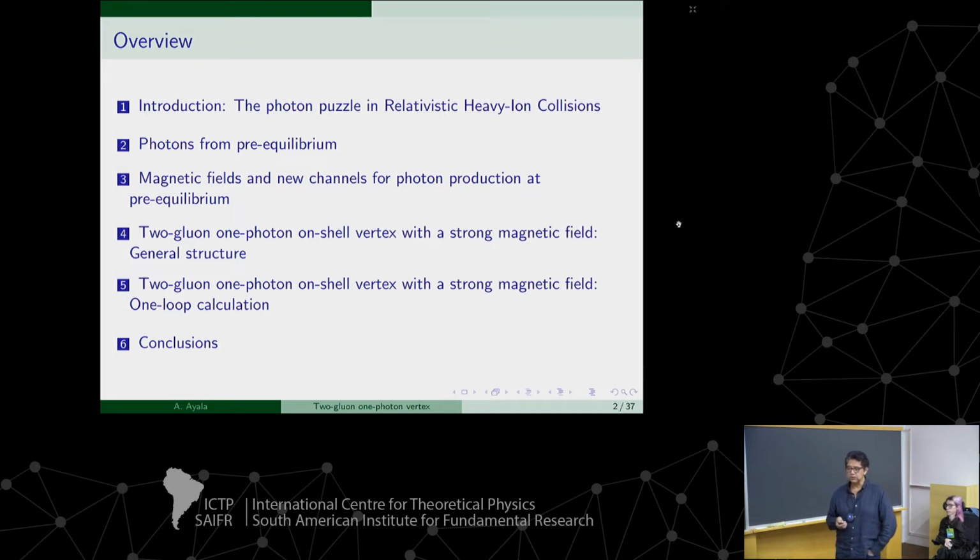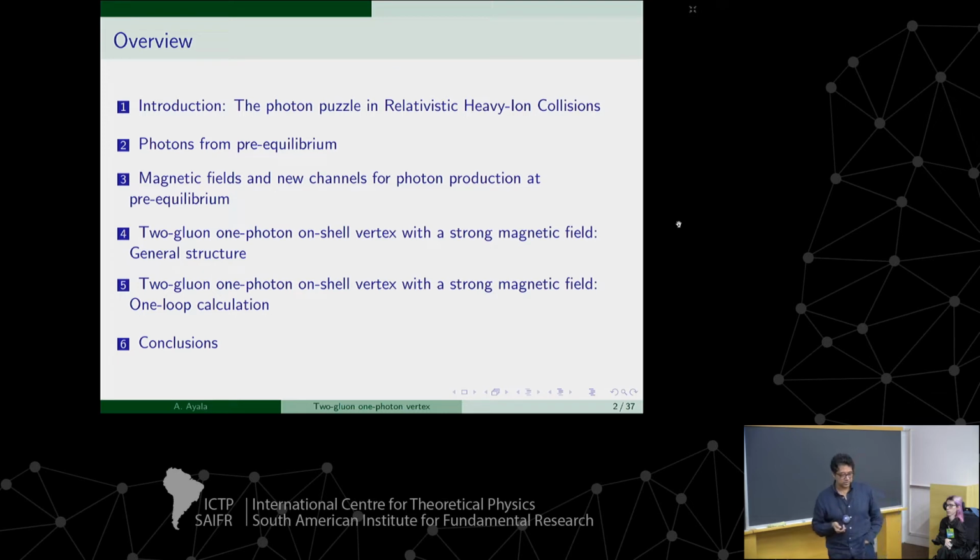And for that, we need some theoretical tools, and what we've been working on lately is the description of the vertex of interaction that may produce these photons in the presence of a magnetic field, and this is the 2-gluon 1-photon vertex, which is a channel that is opened by the presence of a field.